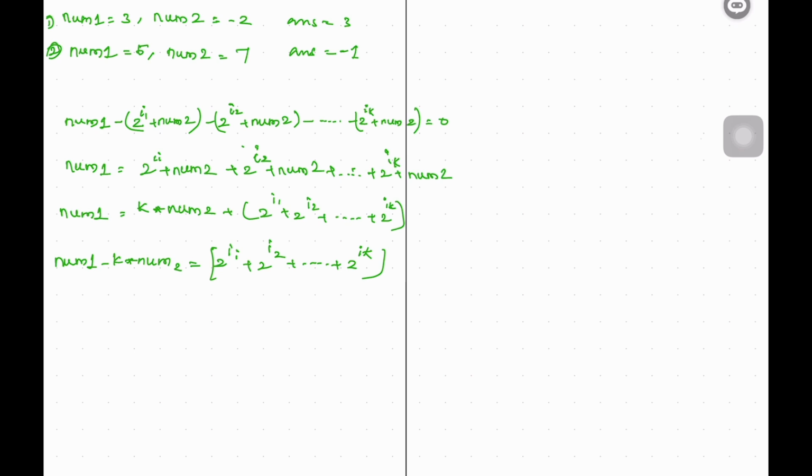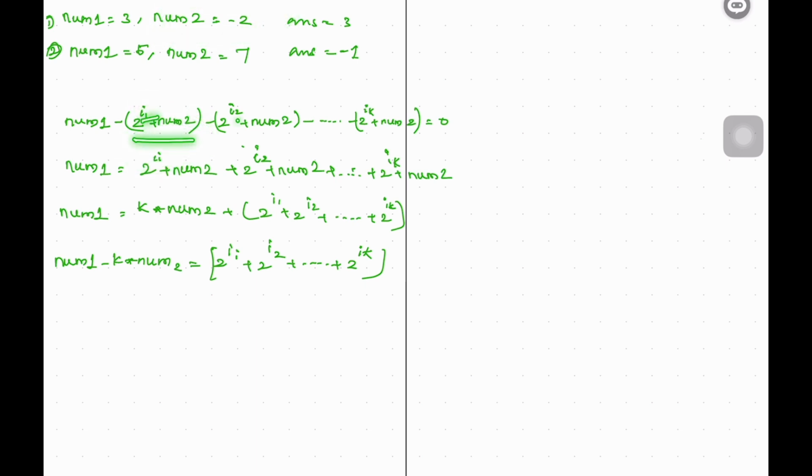Now just see. For num1, let's assume this k is the answer. You will keep on performing num1 minus 2 power of whatever the i, that is 2 power i plus num2.